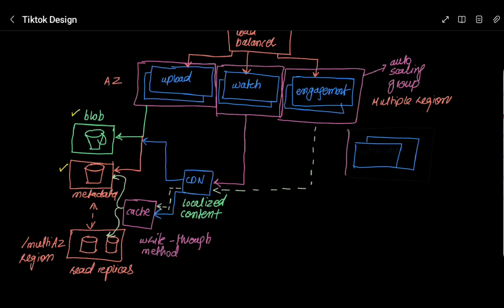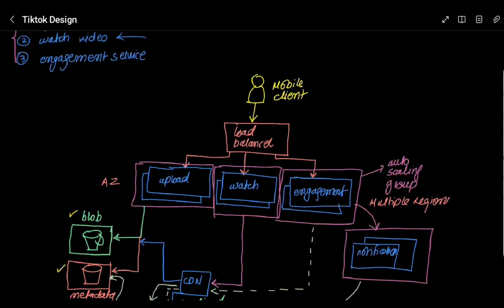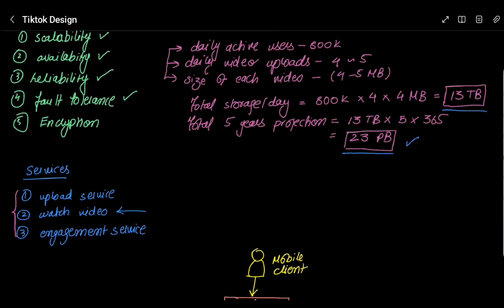The engagement service would directly be talking to the notification service, which obviously would in some way or format be accessing the content within the CDN and the metadata itself. I should have given it a different color, but you get the idea. So yeah, I believe we have covered quite a lot of ground here.